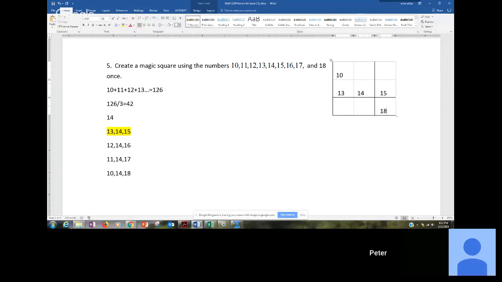So if this works, then if I fill in the missing numbers, I should be able to get the 42 pretty quick. Like 42, that 10 and 13 have to have a 19 there. So 19 is outside of our list. So I can't put the 10 where I put it, but maybe I can put the 10 over here, put the 18 over there. Does that make sense? Yes, sir.